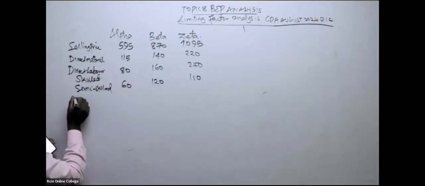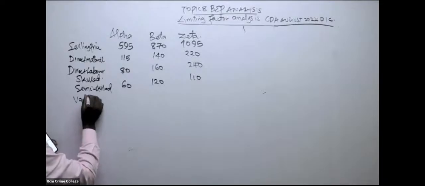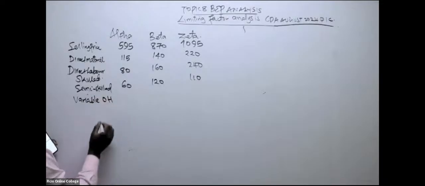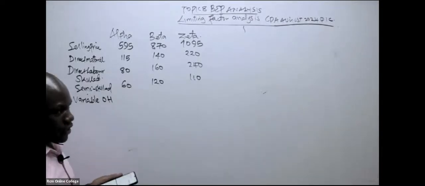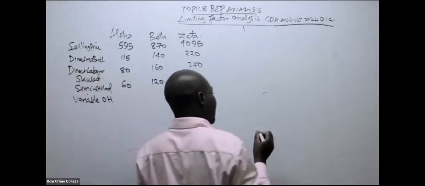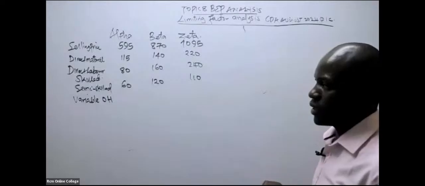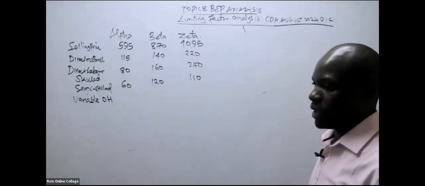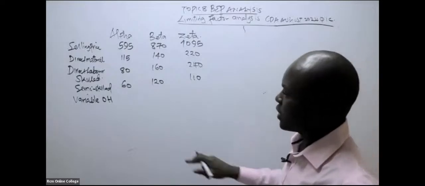So let's talk about variable overheads, right? These variable overheads are absorbed under two categories. We are being told that 100% of it relates to the skilled. So the skilled is this one here.